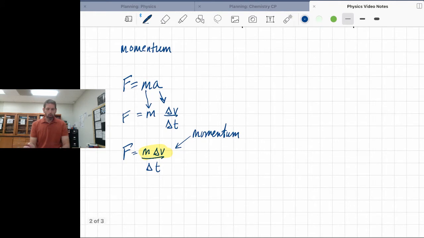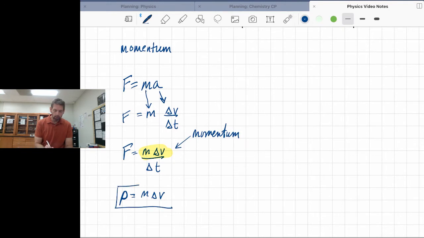Momentum tends to be written with its own variable, and that is a lowercase p. Momentum is a lowercase p. And so momentum equals mass times the change in velocity. That's the equation for momentum, mass times velocity.